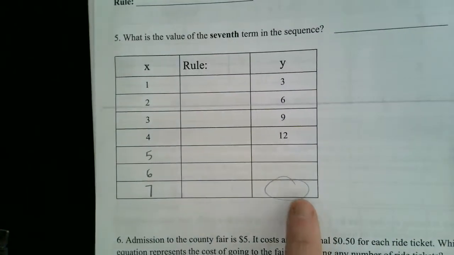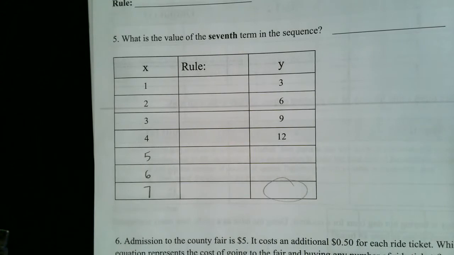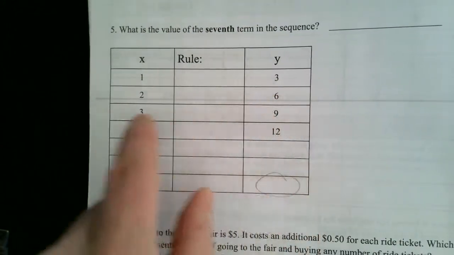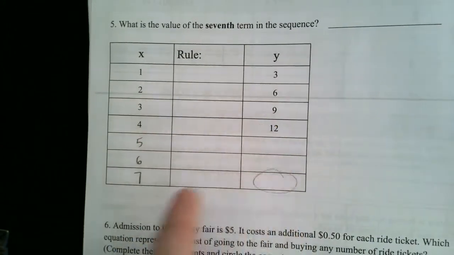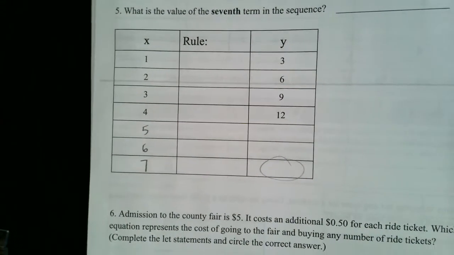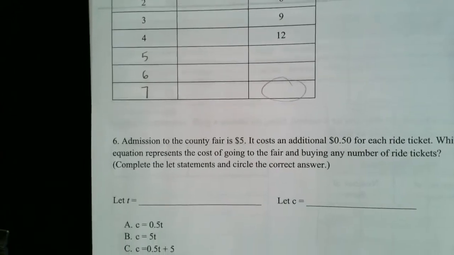So your answer is going to be whatever number would go in that spot. So, you're trying to find the rule here. How do we go from input to output here? And then whenever you find that rule, it will help you get to the seventh term. Hope that helps.